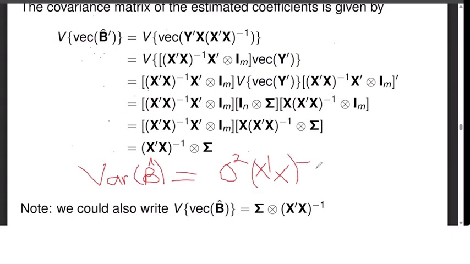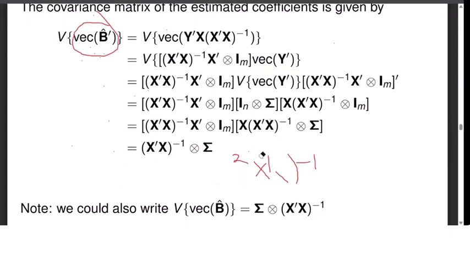But for multiple response, we're going to talk about vec of B prime, instead of just B transpose. Instead of B hat, we're going to talk about vec of that.